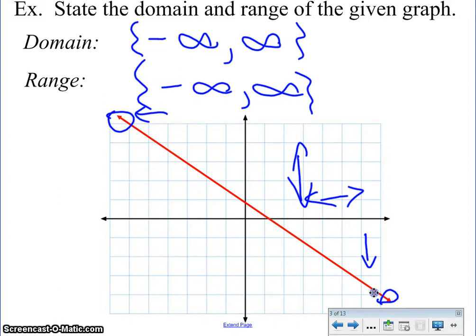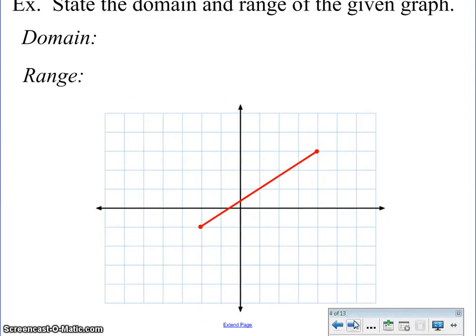Let's try another one. Okay, with this one, remember that these boxes are a little different. We talked about it yesterday. I'm going to have you write it in a little bit different way than we did before.